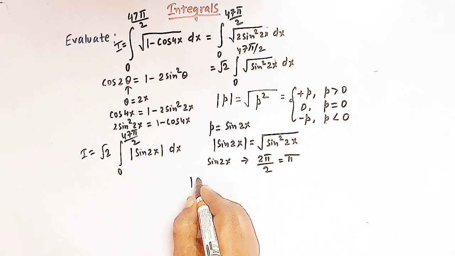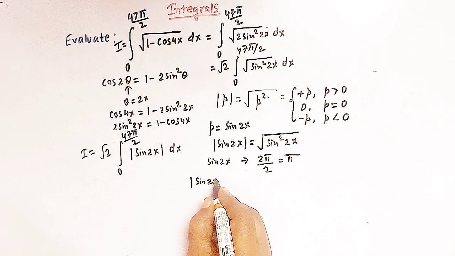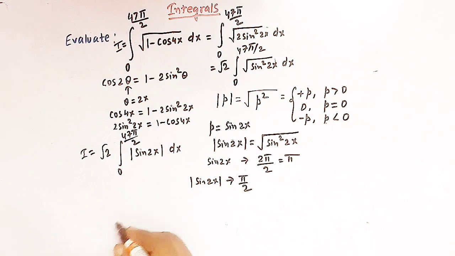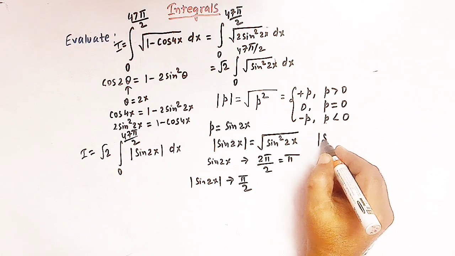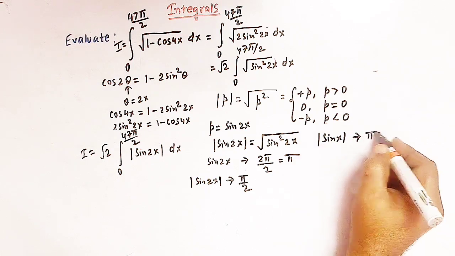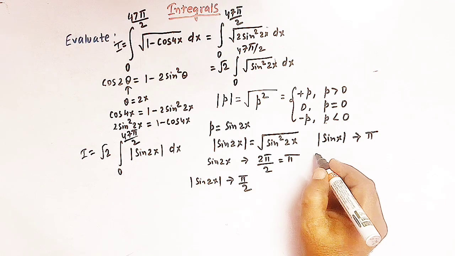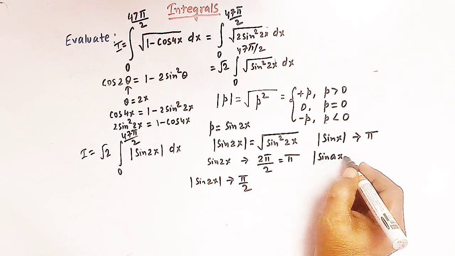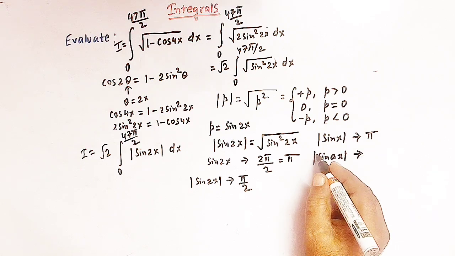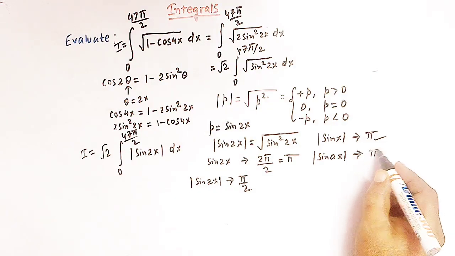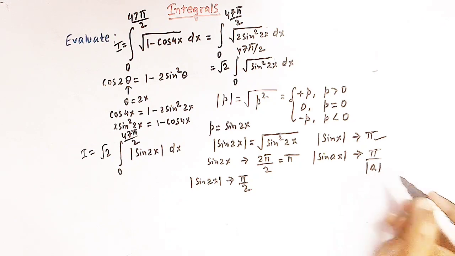So the period of mod of sine 2x is given by pi over 2, because we know that the period of mod sine x is given by pi, right? And when we have a mod of sine ax, then the period of mod of sine ax is given by pi over mod of a, right?